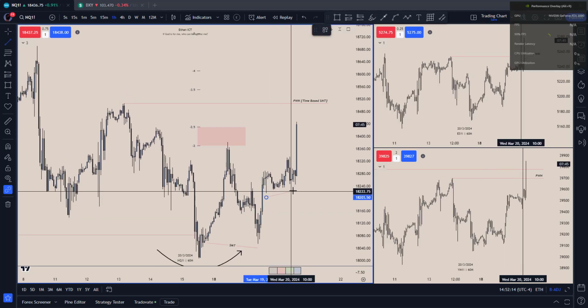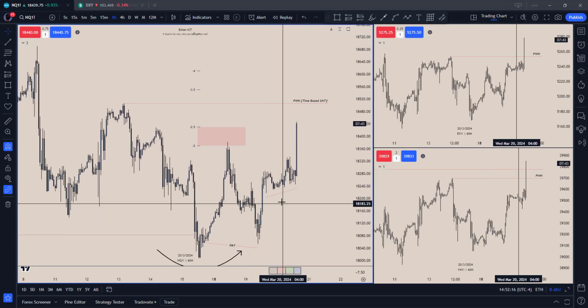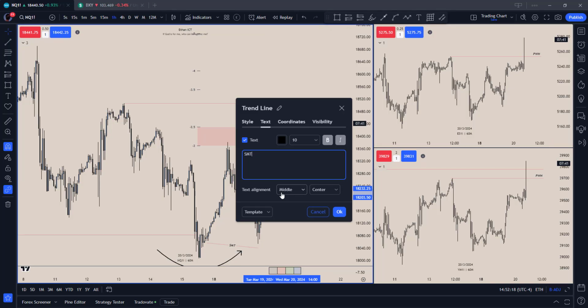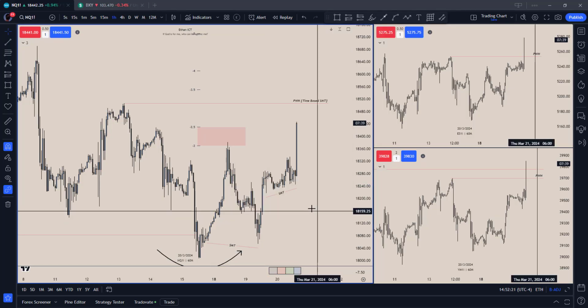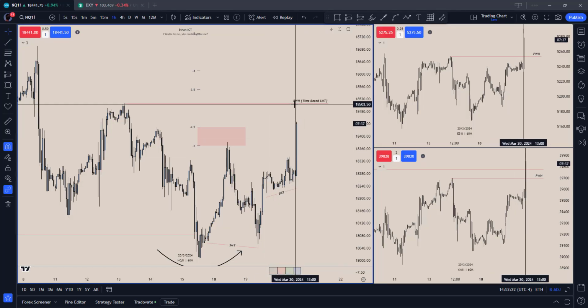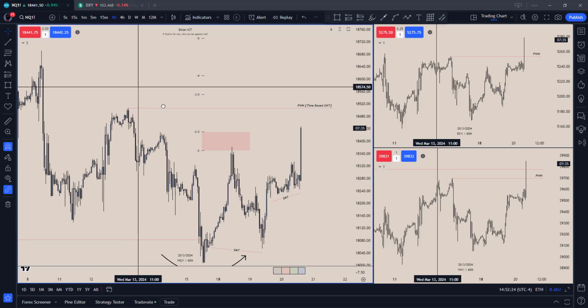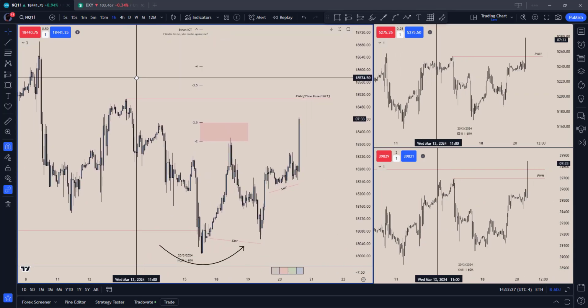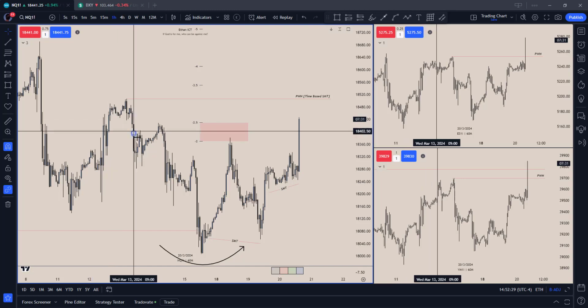And then we have another SMT over here, right? And that would signify that our reaccumulation has completed here, displacing higher for that original consolidation high, which I guess would be this high.